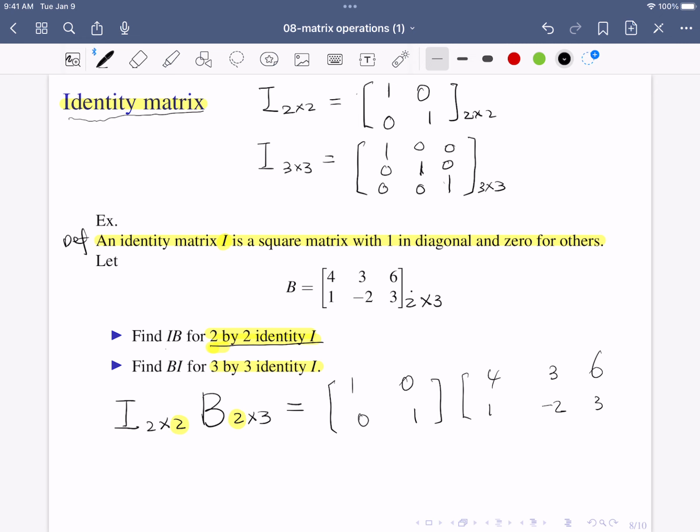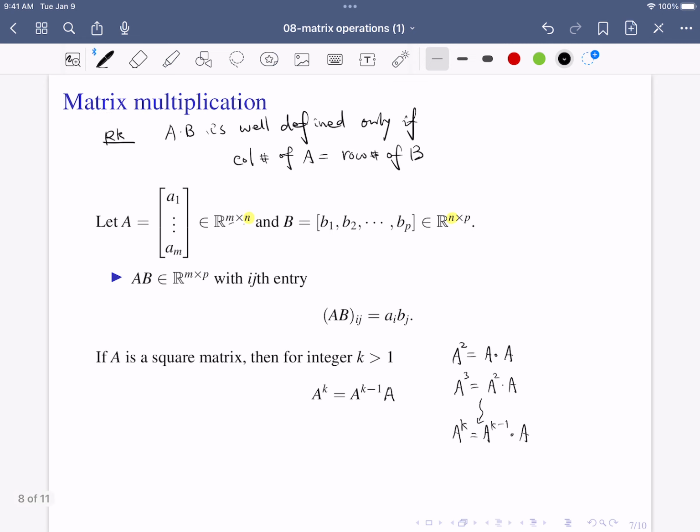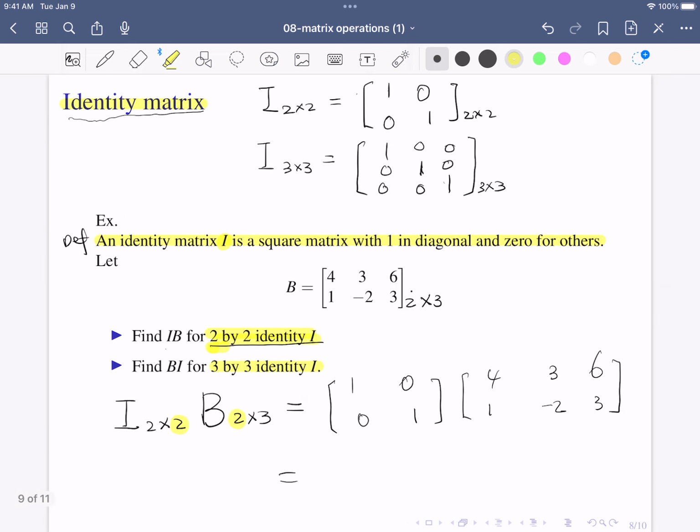Now we do the rest of the computation by writing down I and B, which is 4, 3, 6, 1, negative 2, 3. Now, the definition given here is not really clear, but when we look at this, we have 2 by 2 and 2 by 3, so the matrix obtained from this product has the shape 2 by 3.